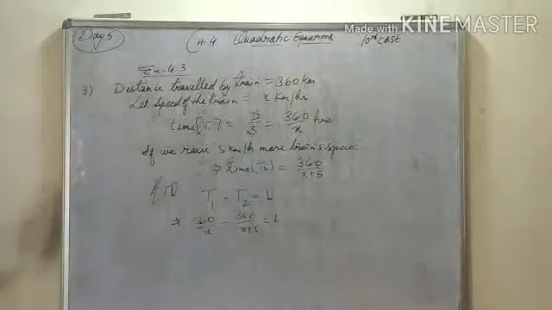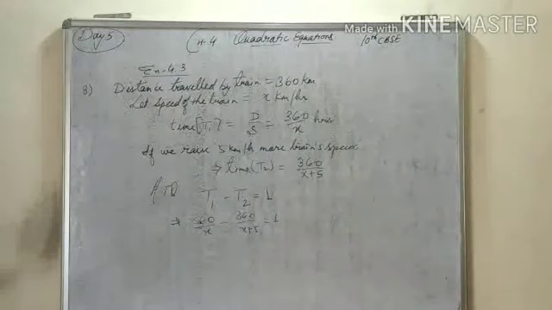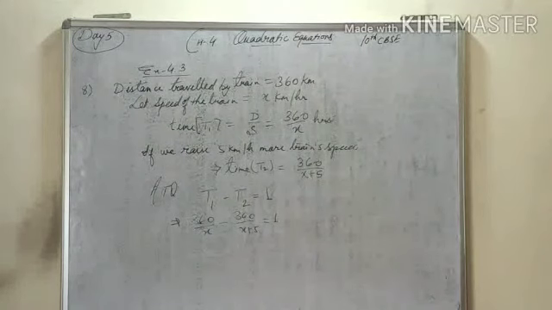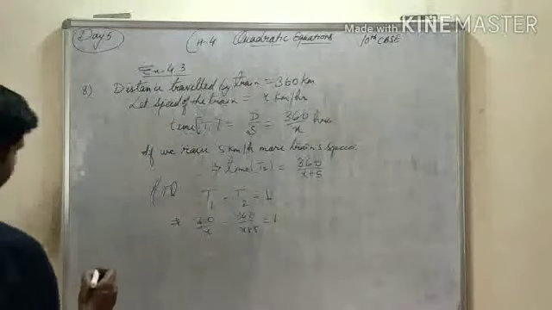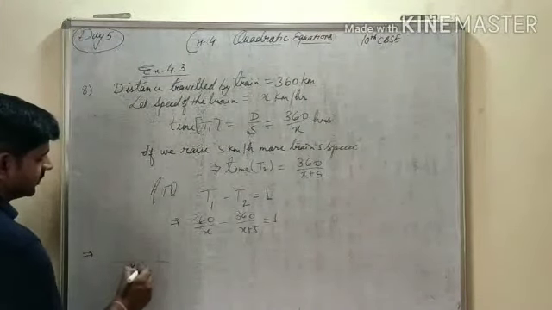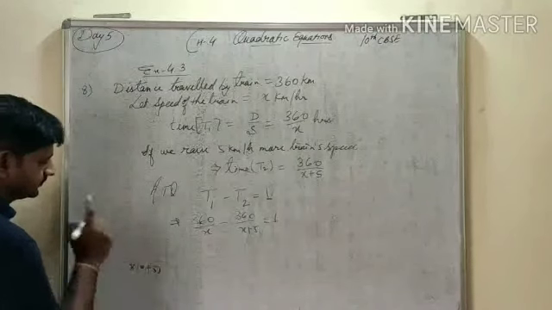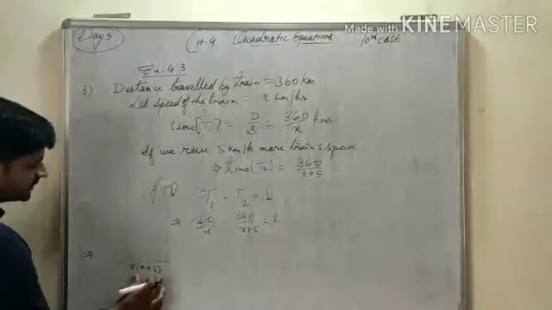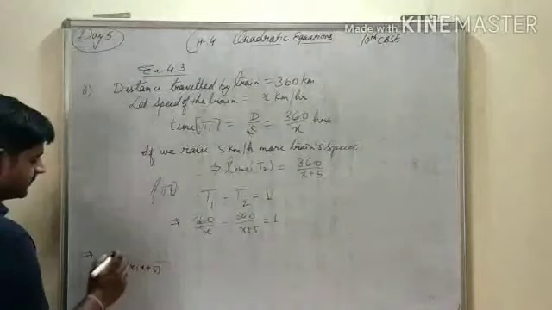Now this question we will solve. First of all, we will form an equation, then we will solve it. LCM will be x into x plus 5. If we divide this by x, we will get x plus 5.